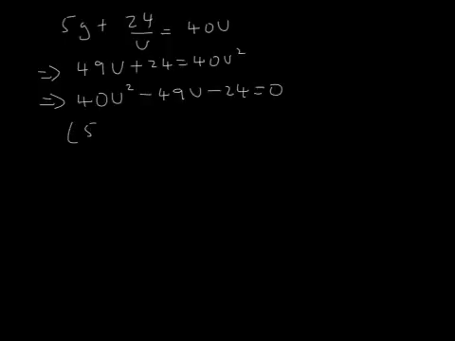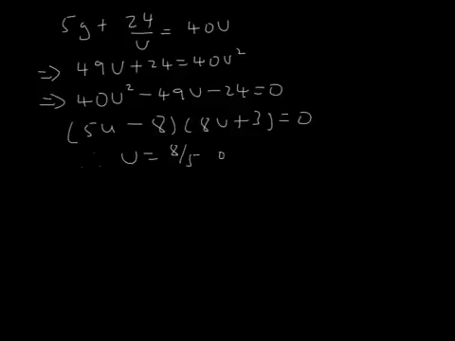That factorises to be 5u and 8u, and then we need 3 times 8, it's minus and it's a plus, so therefore u equals 8/5, or u equals minus 3/8.